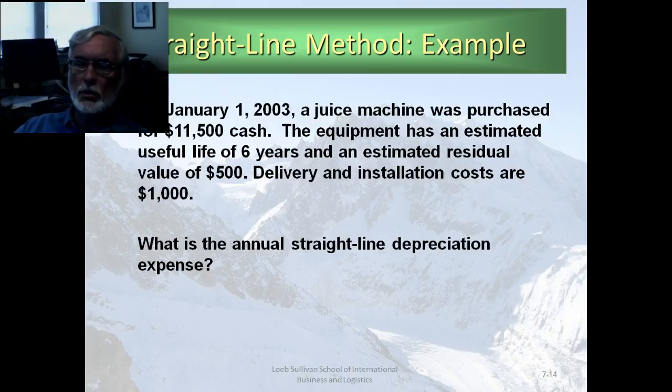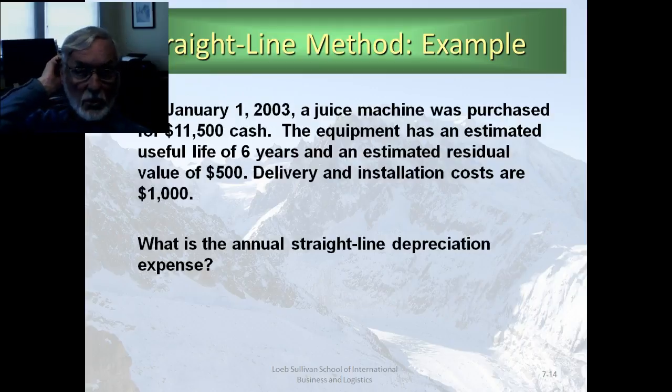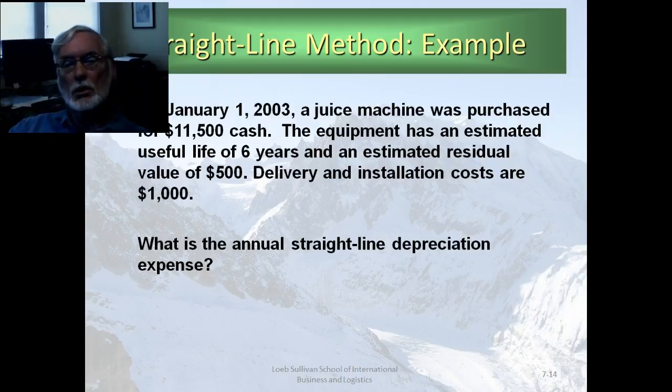on January 1, 2003, this hotel purchased a juice machine for $11,500. The equipment has an estimated useful life of 6 years and an estimated residual value of $500, and it cost $1,000 to get it delivered and installed in the breakfast room in the hotel. So how do we calculate the straight line depreciation? Well, it's pretty easy. We know our cost.